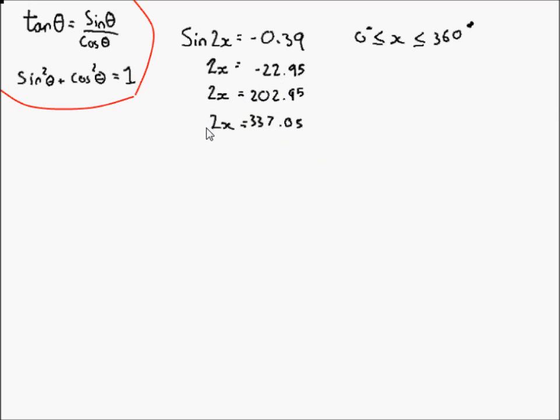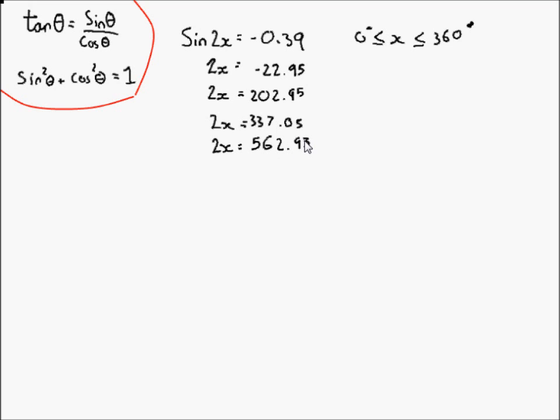And you can add or subtract 360. So let's add 360 to the second one. 2x is also equal to 562.95.